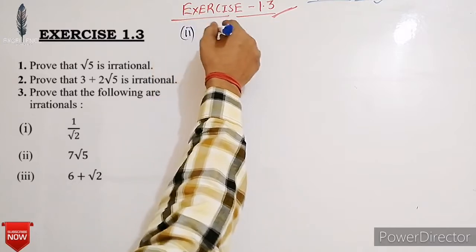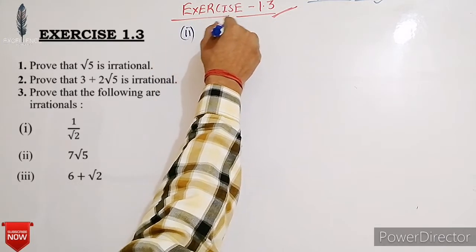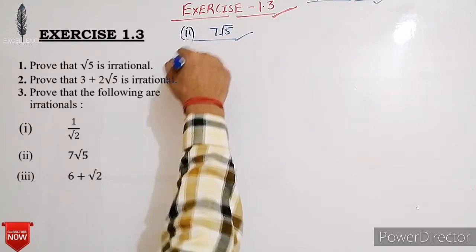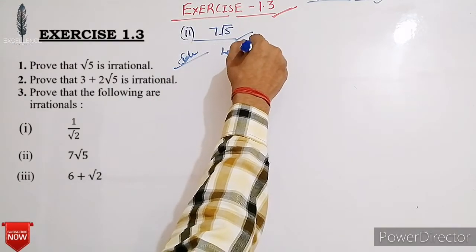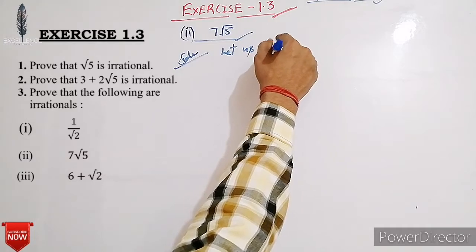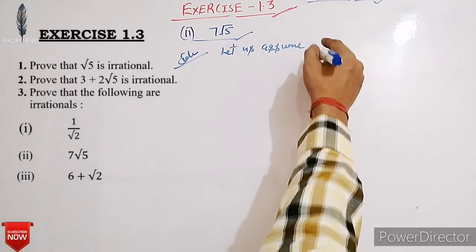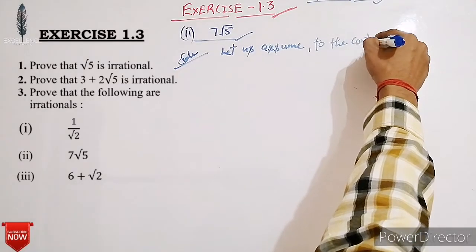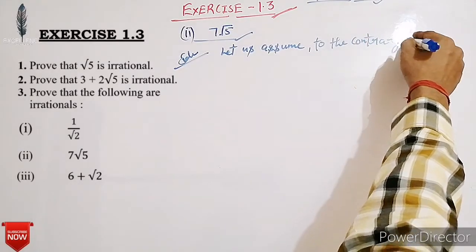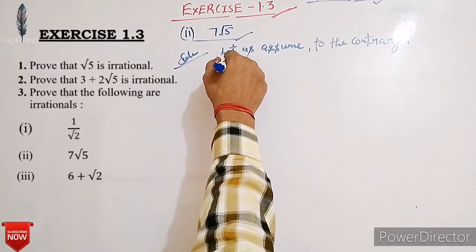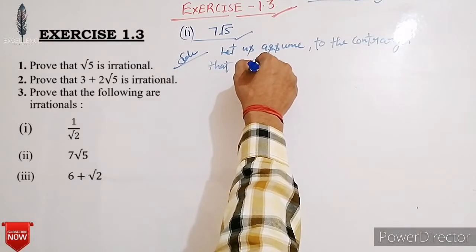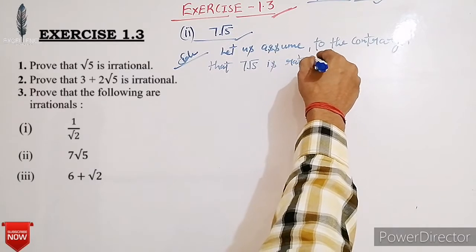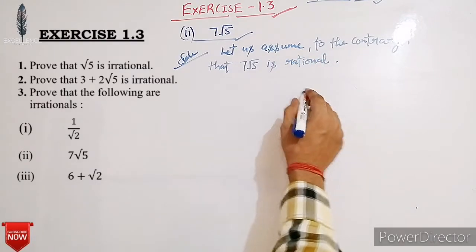here second, 7√5. Okay, here again let us assume to the contrary that 7√5 is rational.